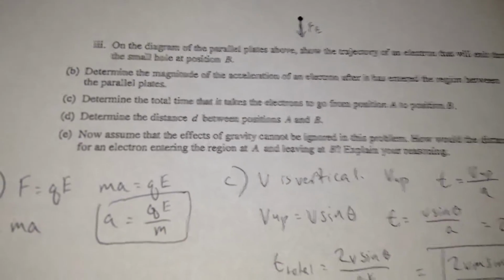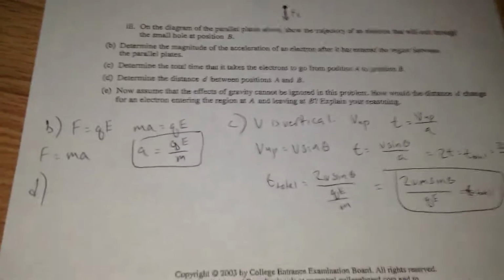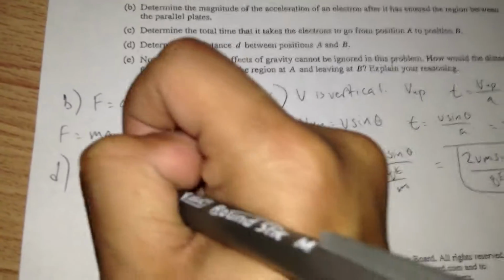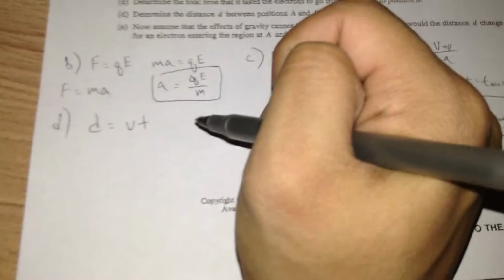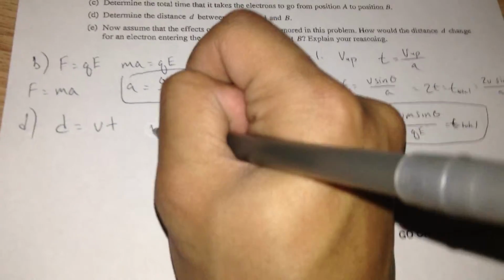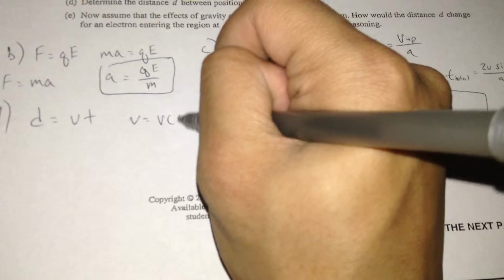So the next part D is asking, determine the distance between positions A and B. So for that, we have our distance is equal to vt. And because we're horizontal, v is equal to v cos theta.